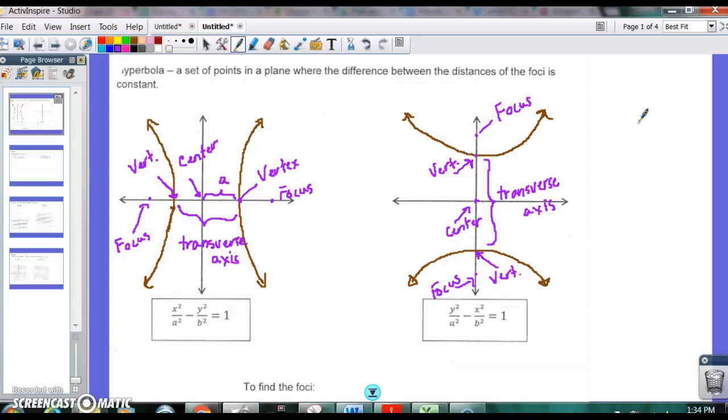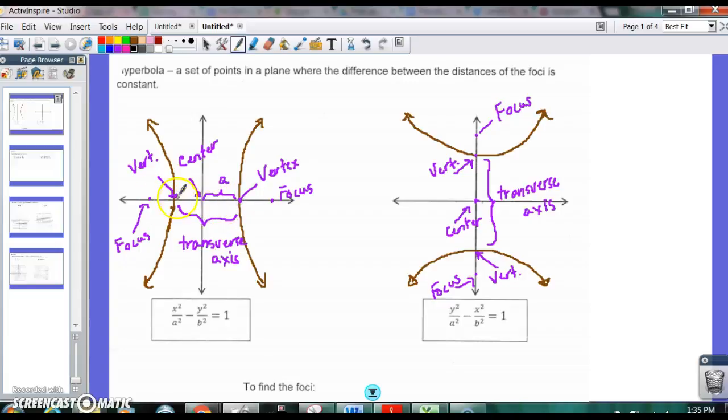Okay, so the hyperbola on the left is a hyperbola with a horizontal transverse axis. The hyperbolas we're talking about today are all centered at the origin. And so that transverse axis is the axis that goes through the origin.